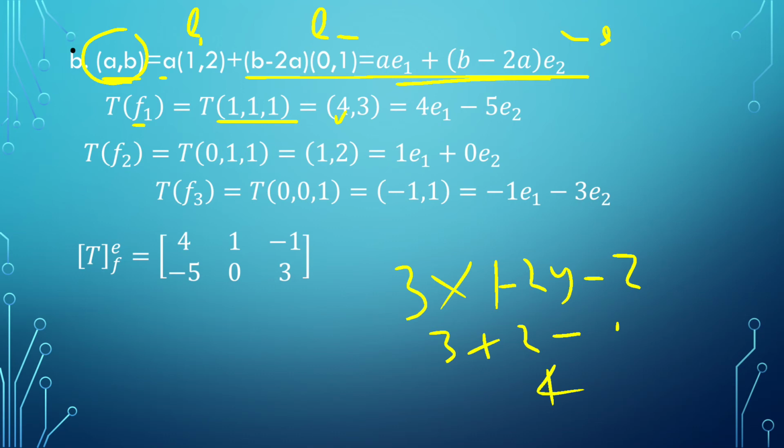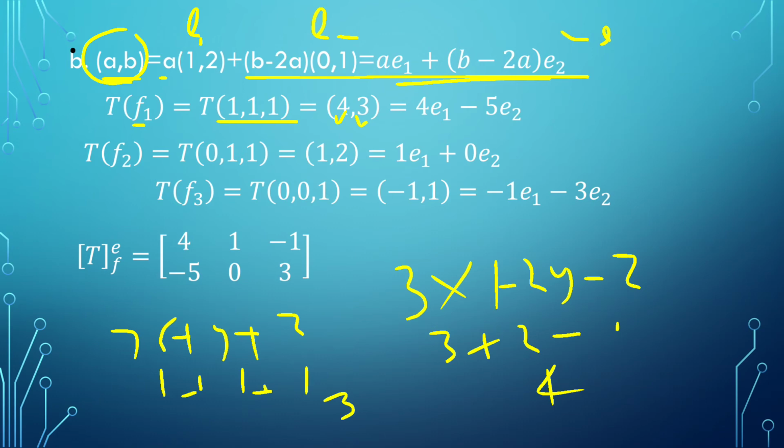For the other part, it is x plus y plus z. Our values are 1, 1, 1. So 1 plus 1 plus 1. You see we are getting 3, and we place this 3 here. So this means what?